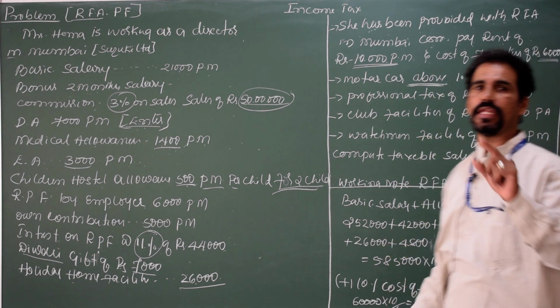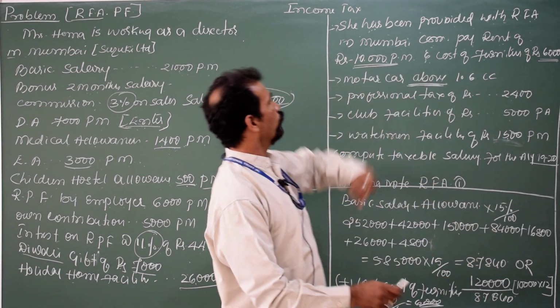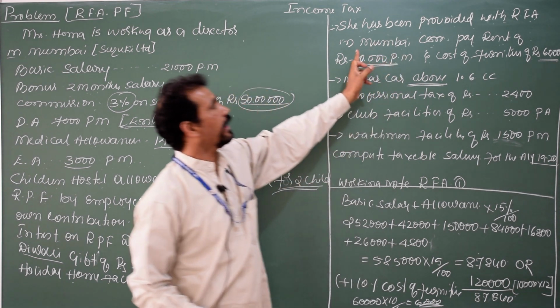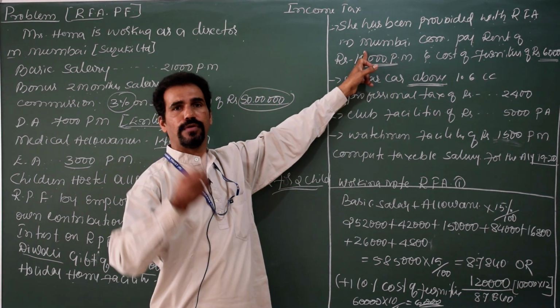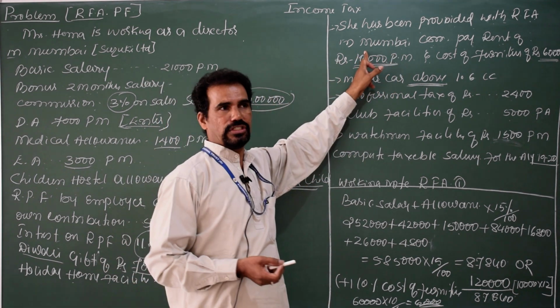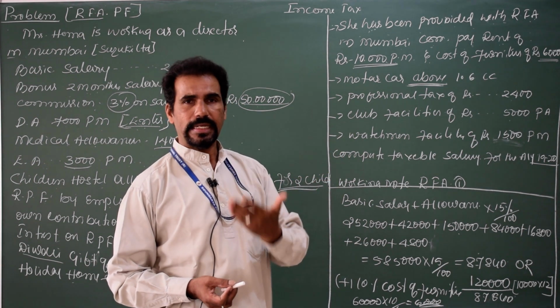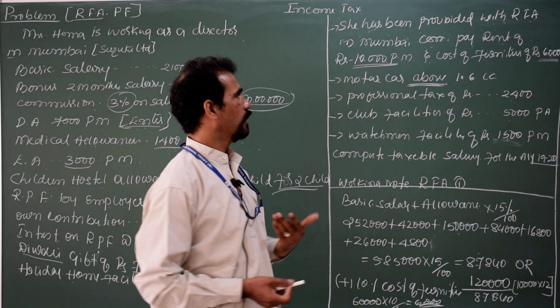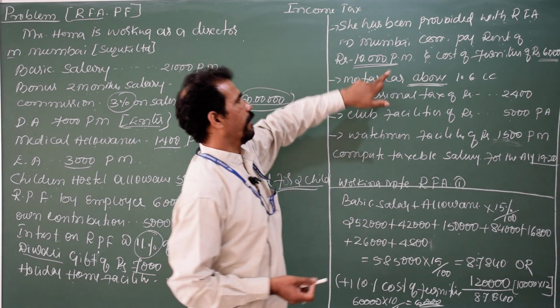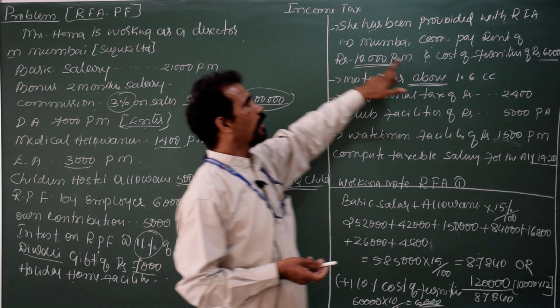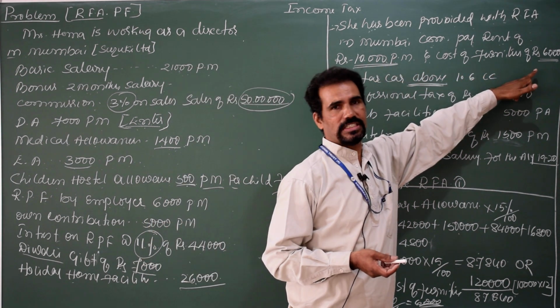It is also a very important note. RFA stands for rent free accommodation. We have 4 metropolitan cities: Bombay, Delhi, Calcutta and Madras. So this comes under Mumbai.